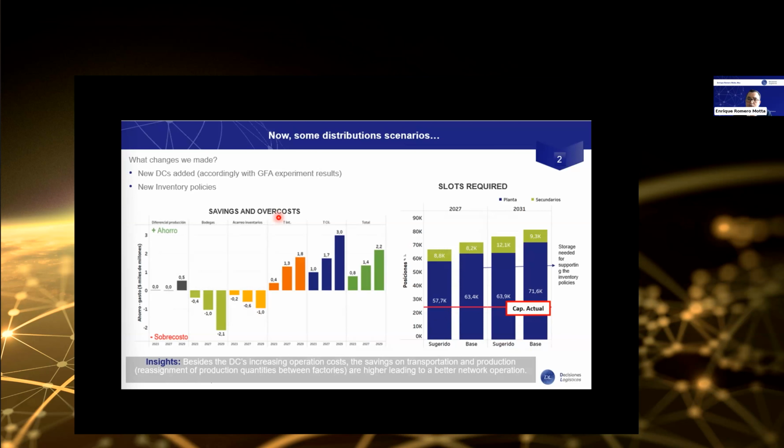So what changes did we make for these distribution scenarios? First, we added the new DCs, in accordance with the GFA experiment results. And then we also changed the inventory policies. Remember that we're working in a network optimization experiment, so inventory must be handled carefully. I'm not talking about dynamics in this case, about the real way that the inventory policy will affect the supply chain process, because we are not using simulation.